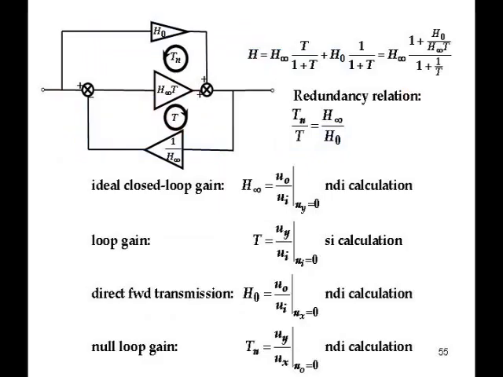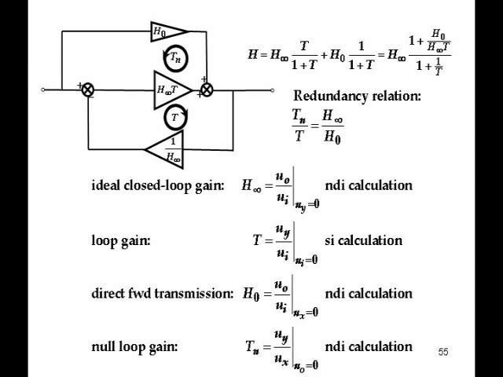And here's a summary of those results. There's the 2 forms of the expression at the top, one with the additive H0 term, the other with the multiplier term, the redundancy relation, and the definitions of the second level parameters. H infinity is output over input with Uy nulled. That's a null double injection calculation.